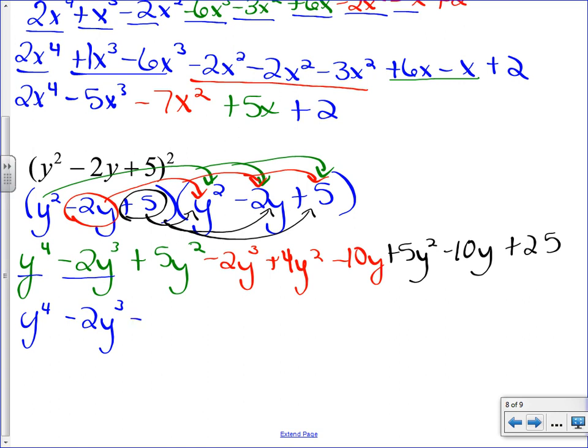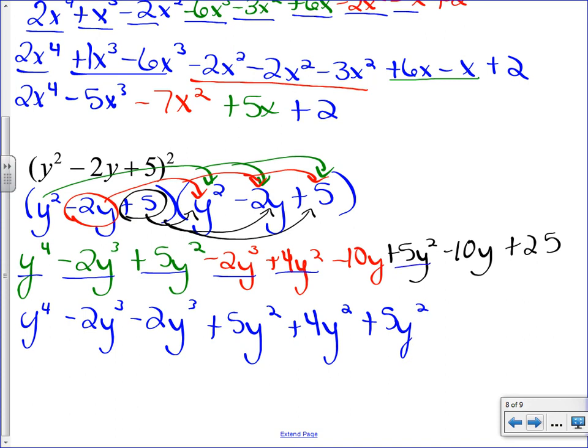Minus 2y cubed plus 5y squared plus 4y squared plus 5y squared minus 10y minus 10y plus 25. Beautiful. Anyone have any questions with what we've done so far?